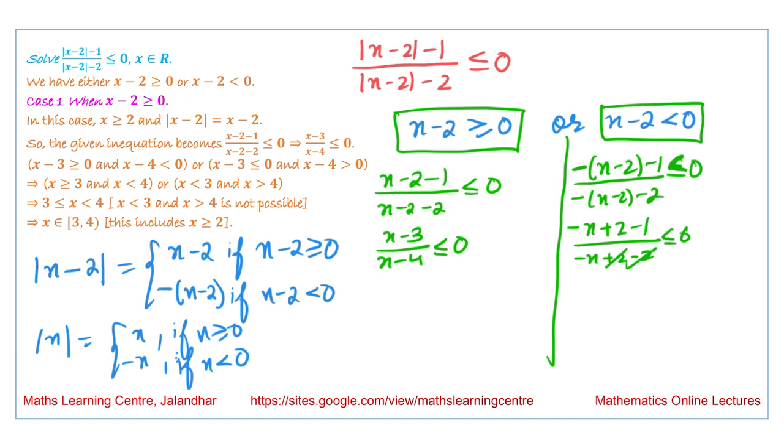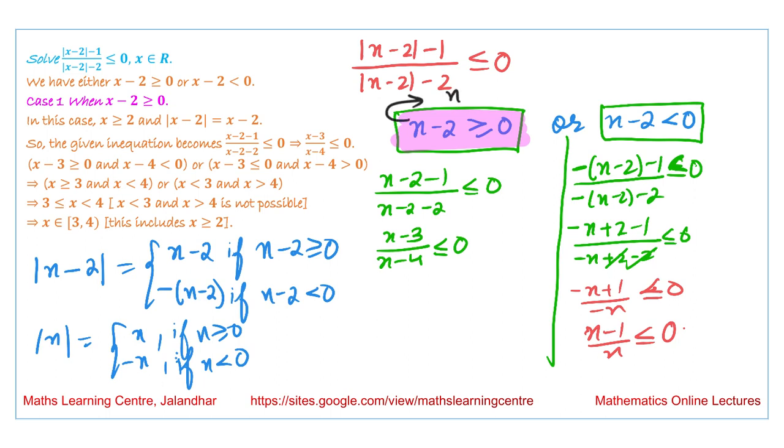These two values get cancelled, and on this side we obtain minus x plus 1 over minus x is less than or equal to 0. So this implies that x minus 1 over x is less than or equal to 0. So we have two cases. First is the case when x minus 2 is greater than or equal to 0, this thing we are talking about.